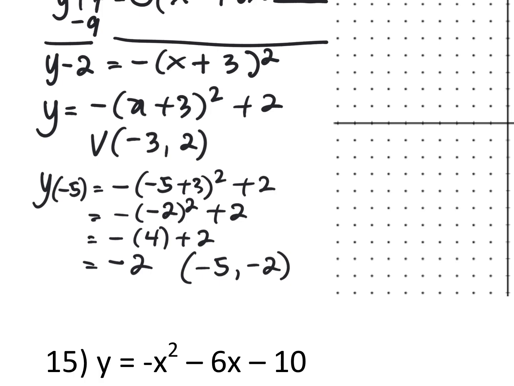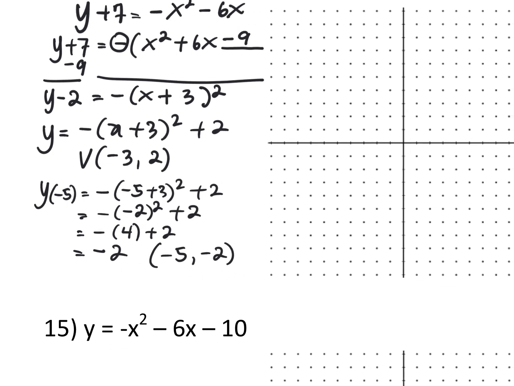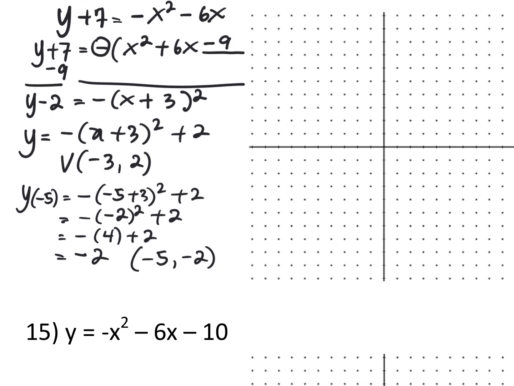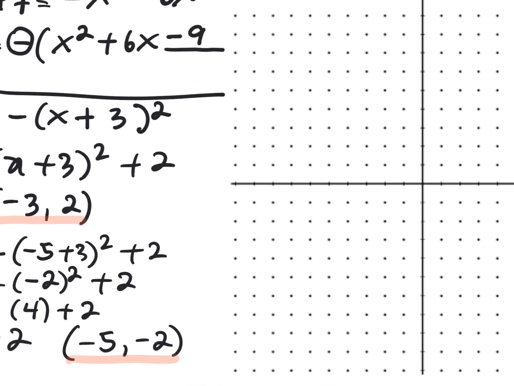Okay, I have all the information needed. So first I'm going to put my vertex. This is our vertex, okay, and this is our additional point. Okay, so where's my negative 3, 2? Negative 3, 2 here. 1, 2, 3.